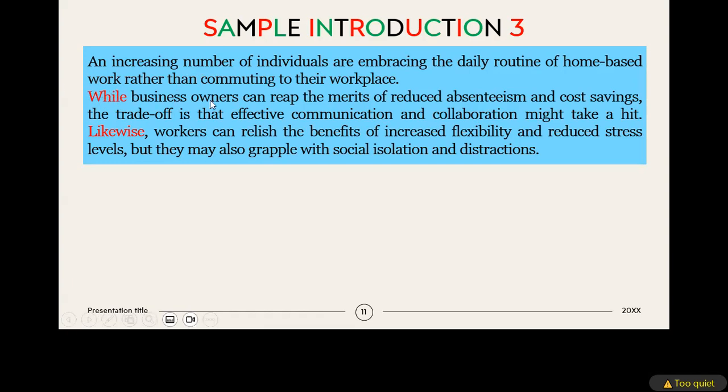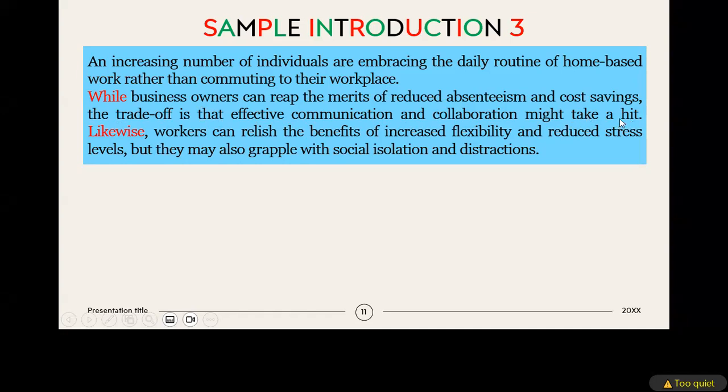Now while business owners, who are the employers, okay, I changed it: business owners can reap the merits. Now to reap the merits of something, well, this is highly sophisticated language, of reduced absenteeism and cost savings. The trade-off, which is the disadvantage, the thing you have to give up when you do something, is called a trade-off. The trade-off is that effective communication and collaboration might take a hit.